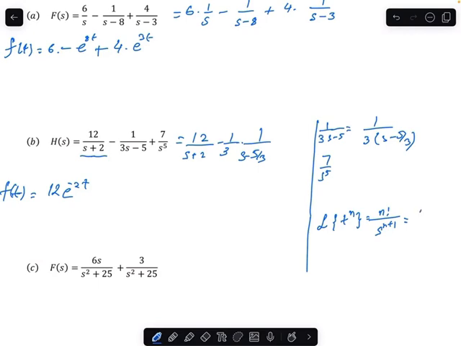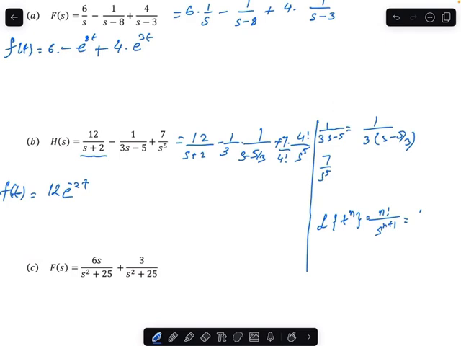So since we have 5 as a power of s, it means our n is 1 less than 5. So our power n will be 4, and 4 factorial goes in the numerator. We already have a 7, which I'm going to put on the side. But then if I multiply the numerator by 4 factorial, I have to put a 4 factorial in the denominator as well. And I have s to the 5.